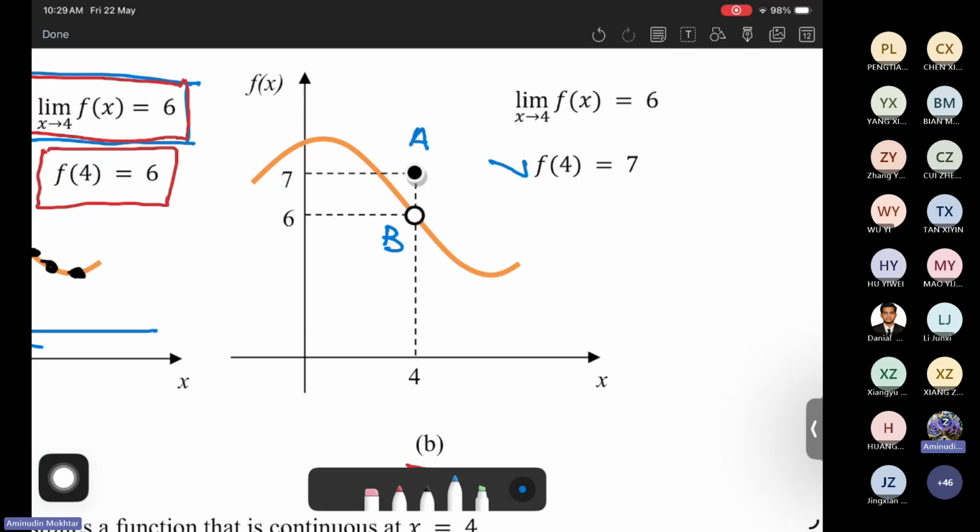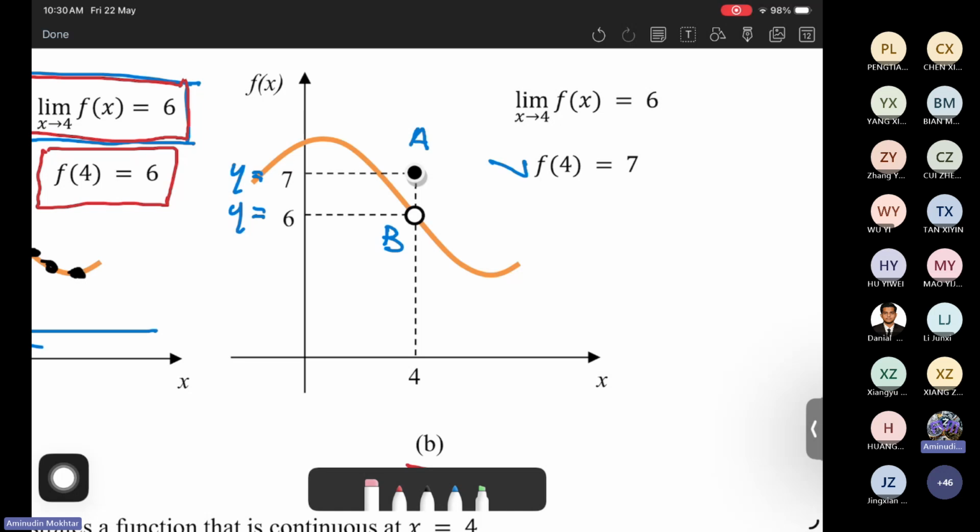When x equals 4, we have two values of y here: y equals 6 and y equals 7. But at y equals 6, at point B, there is a white dot. White dot means that the value of y does not exist there.